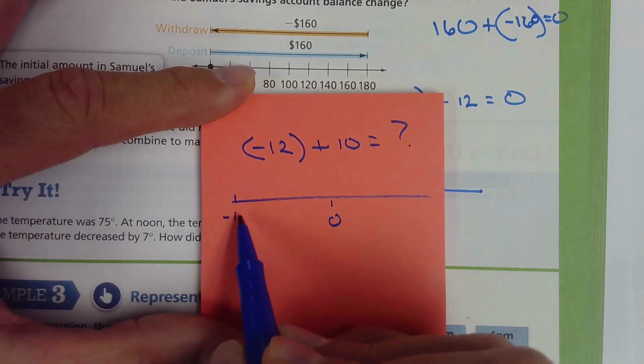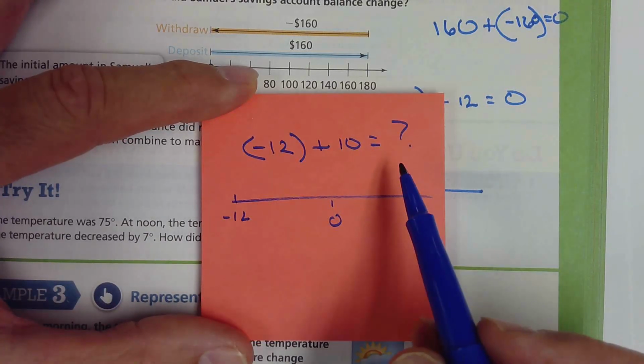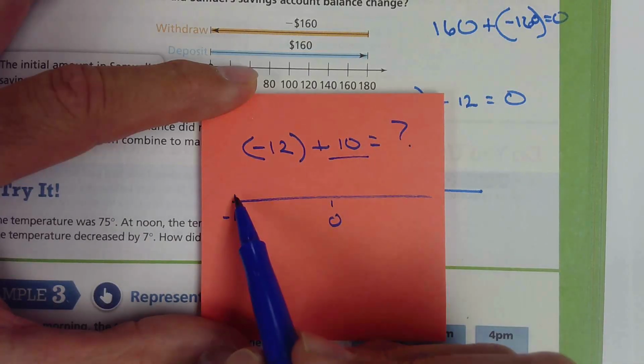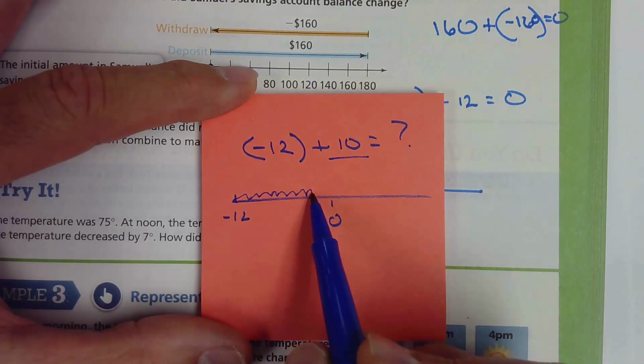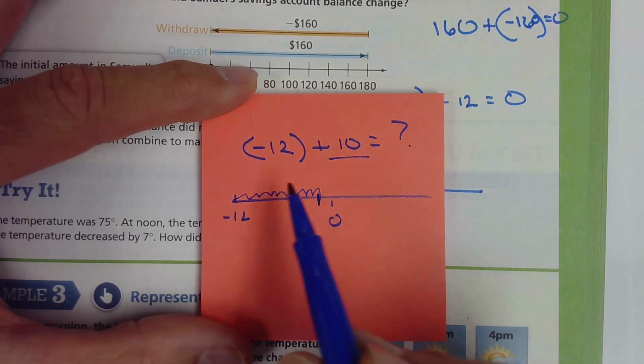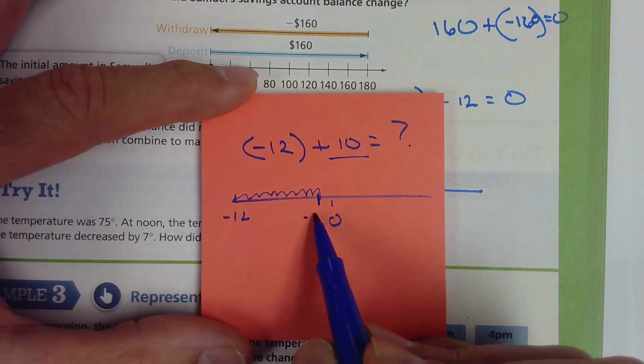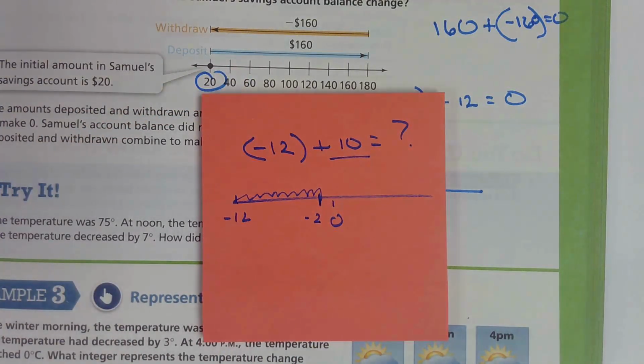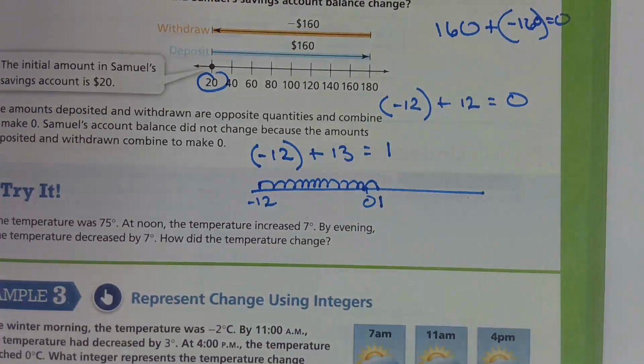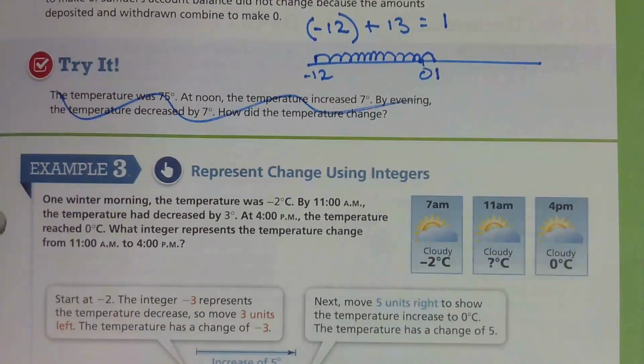Here's -12. And I'm adding 10. 1, 2, 3, 4, 5, 6, 7, 8, 9, 10. And so as he pointed out, we're going to end up at -2. Okay? Questions? All right. Not worried about the try it.